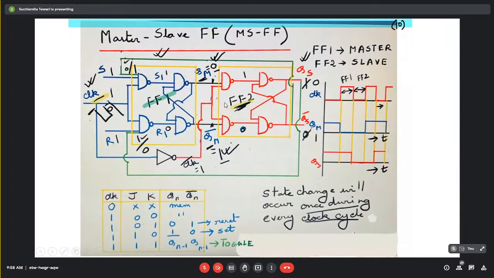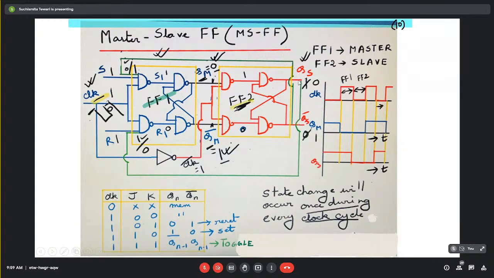One flip flop is followed by another flip flop. And here the clock is also given, but the clock to the first flip flop, when it is connected to the second flip flop, is coming through a NOT gate. That is, here the clock bar signal is applied, and here the clock signal is applied.